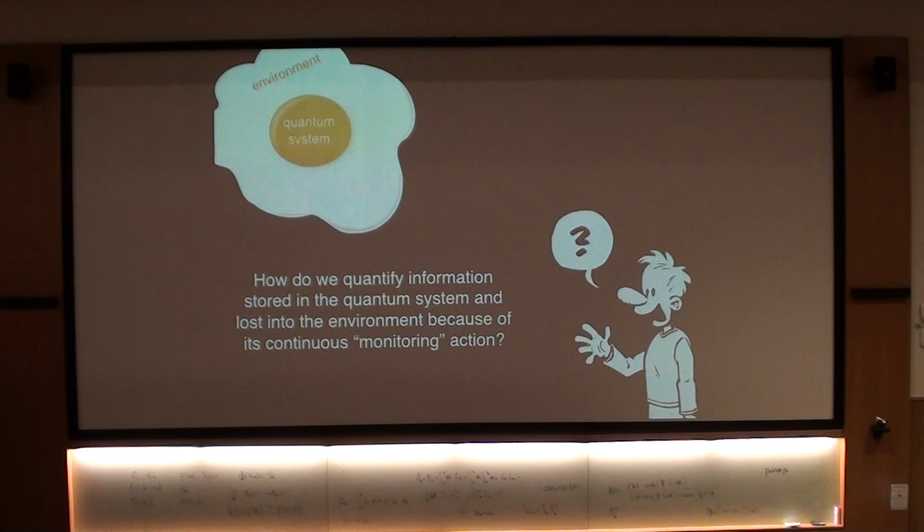One of the first proposals was to study the concept of Markovianity or non-Markovianity in terms of information flow between system and environment. Okay? So the way in which quantum information on the system is lost when the system interacts with the environment.